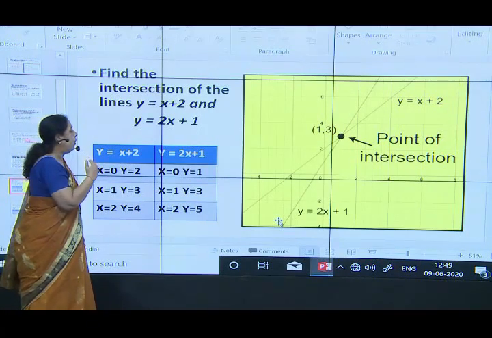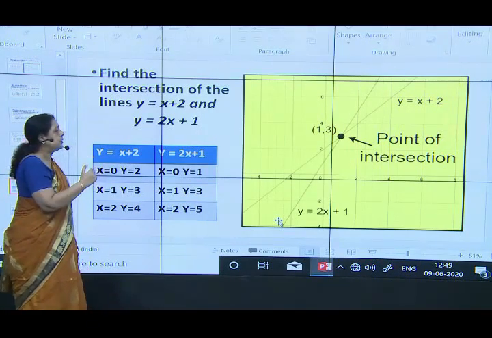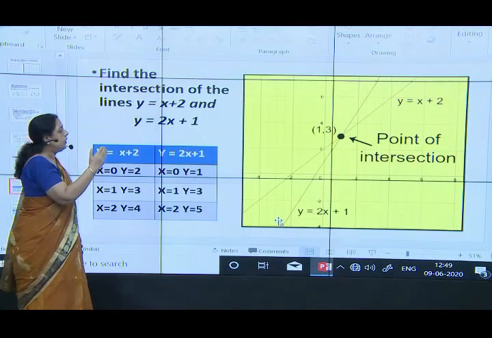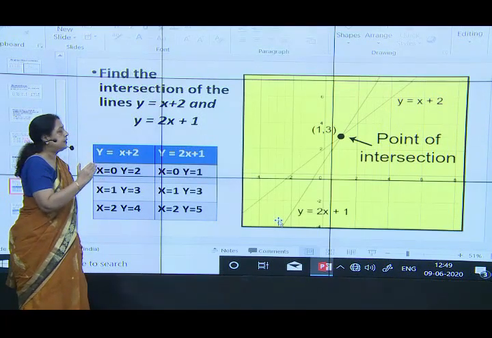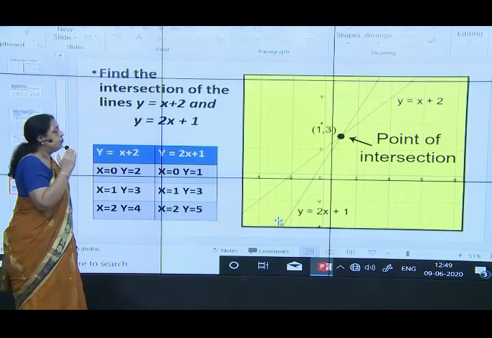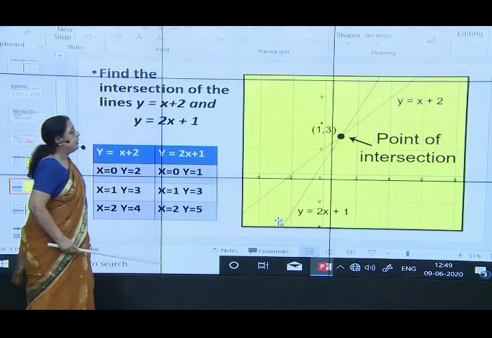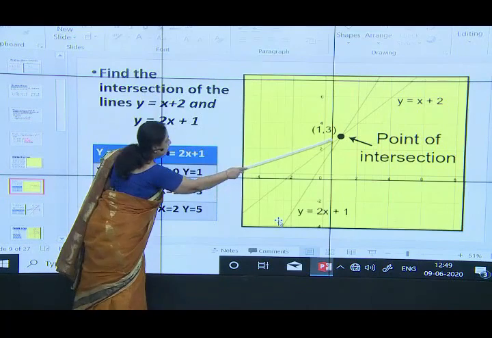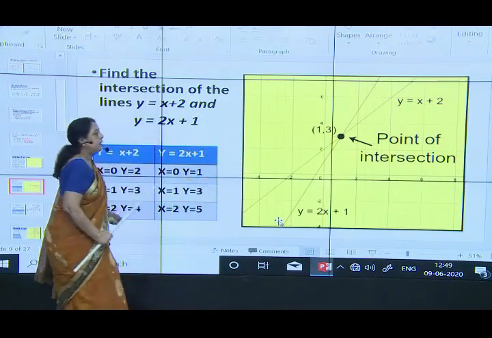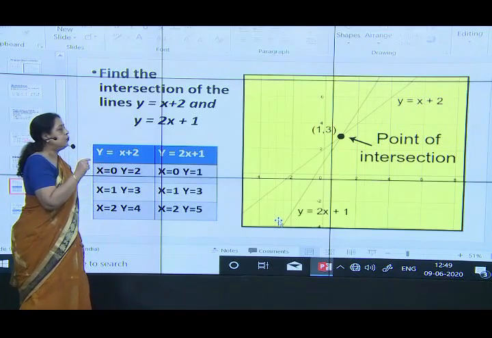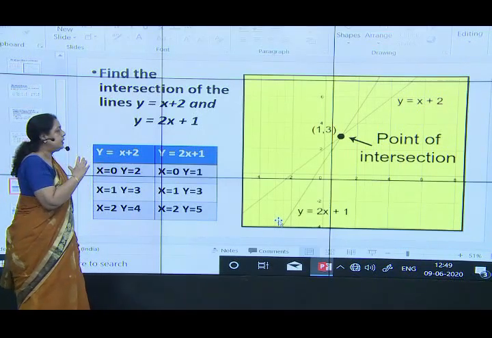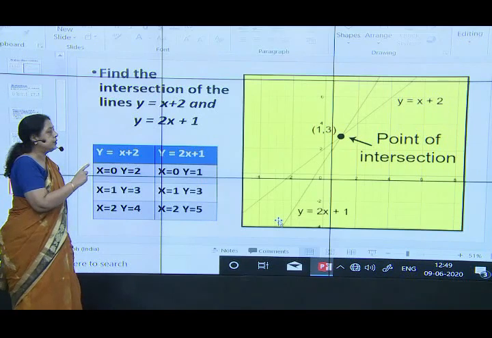If we plot these points on a graph, we get a pair of intersecting lines. Both the lines intersect at point (1, 3). Here (1, 3) is the solution of these two equations.